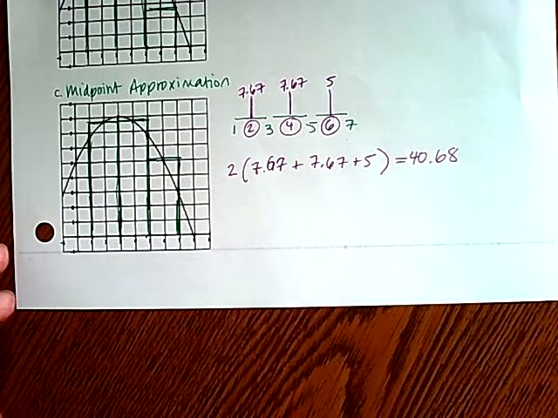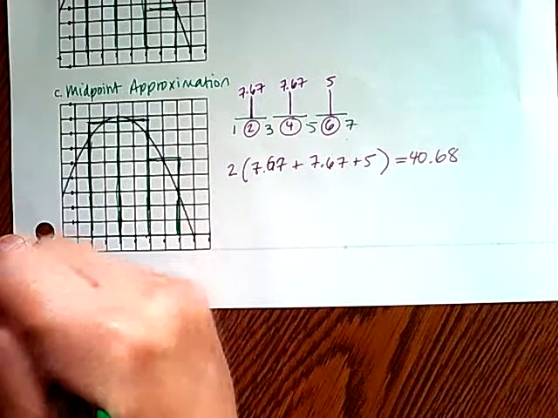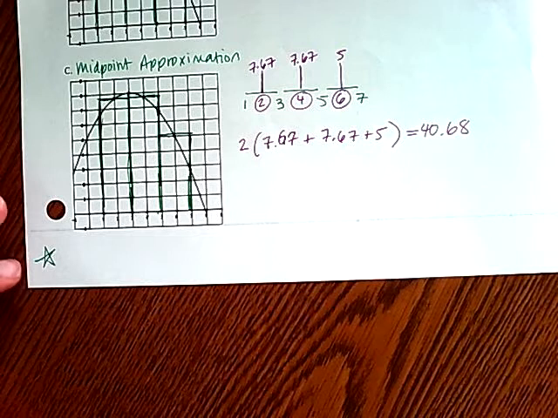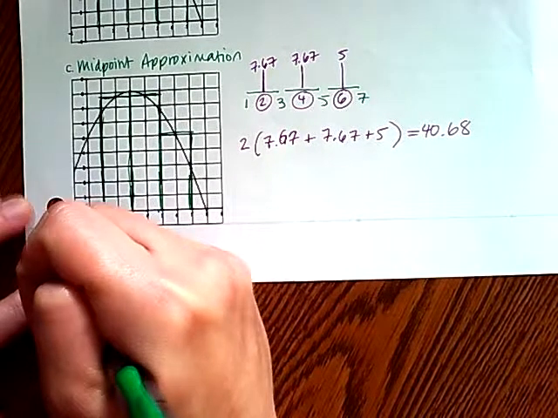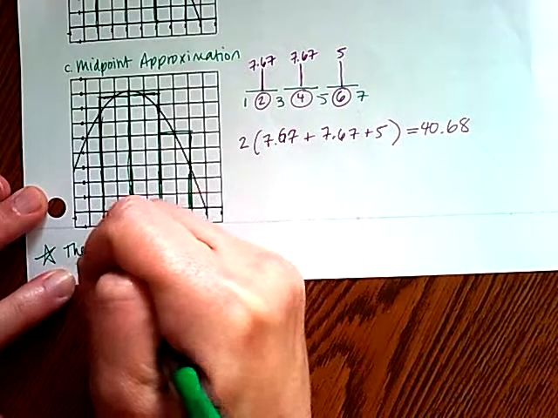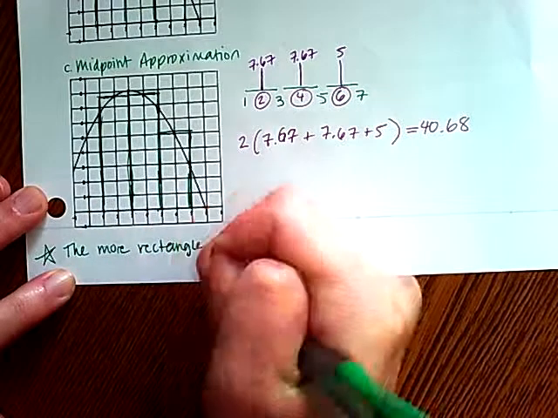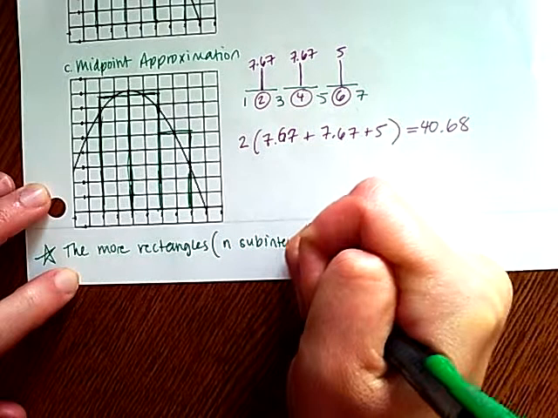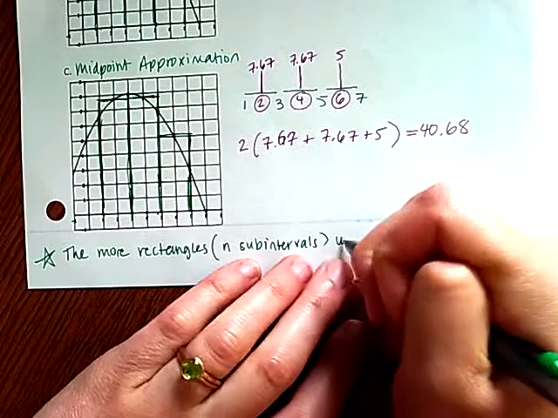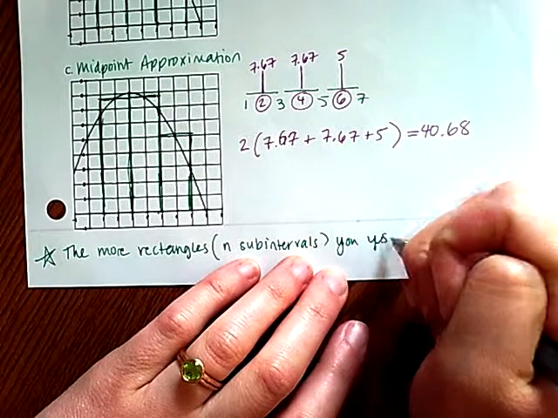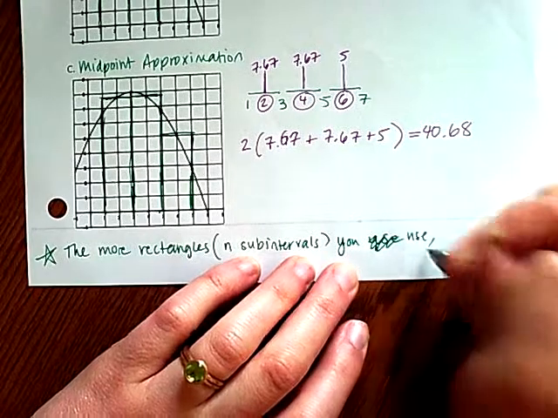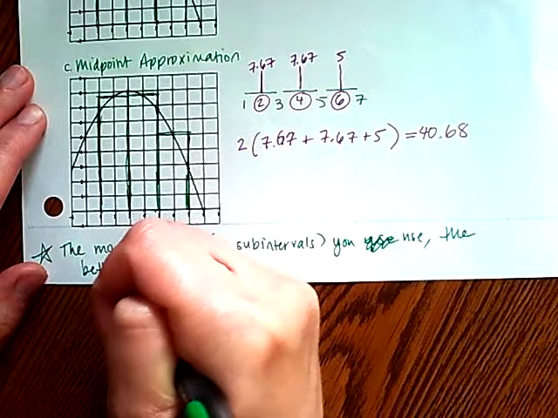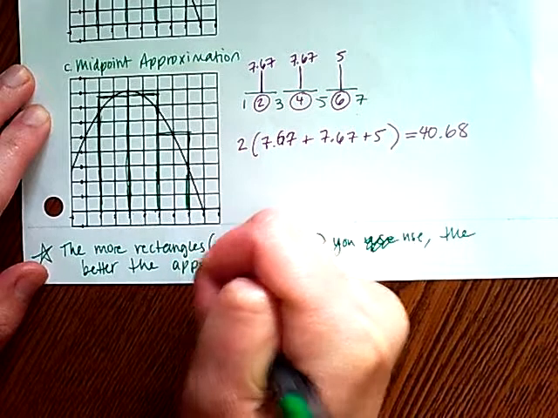And the last thing I want you to put down into your notes is something we figured out in class, which is that the more rectangles, also called n subintervals, you use, the better the approximation will be.